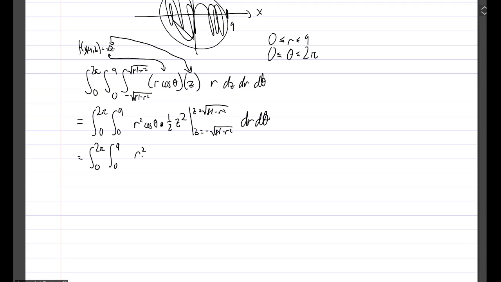This will be copying the 1/2. The square is going to undo the square root sign, so we'll have 81 minus r squared, and then minus r squared cosine theta times 1/2 times, and due to squaring, we end up with 81 minus r squared again. Okay, we'll stick that in parentheses, dr d theta.